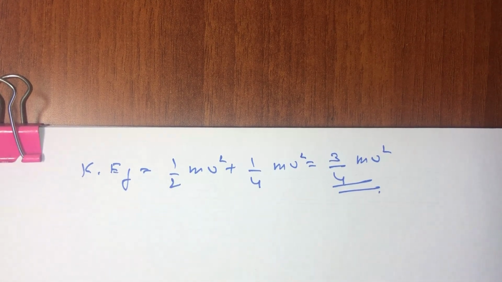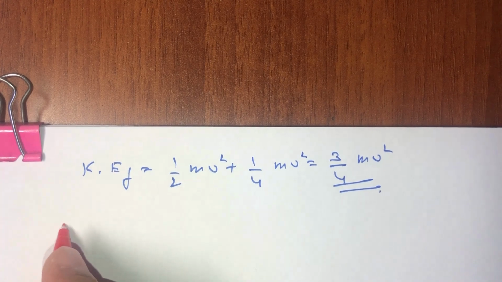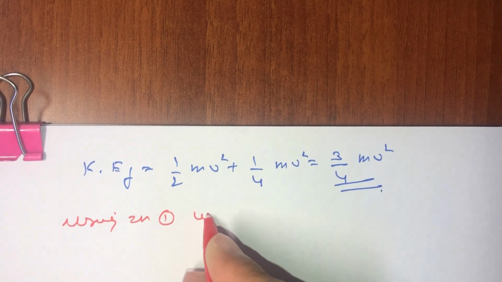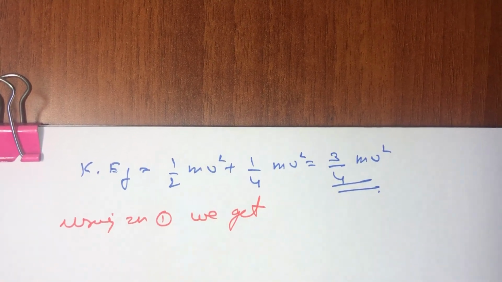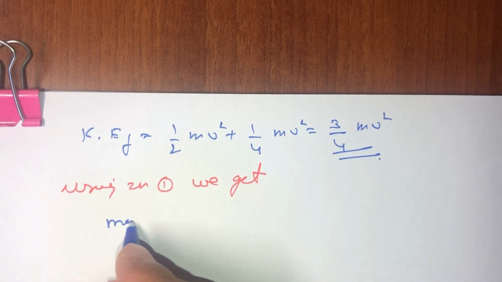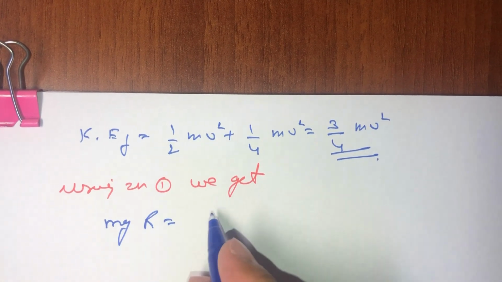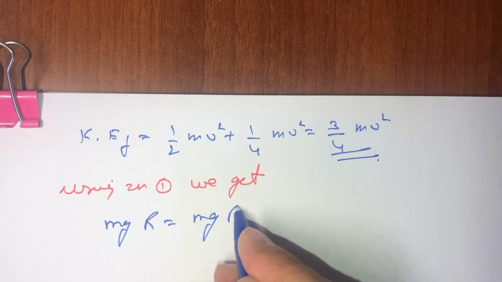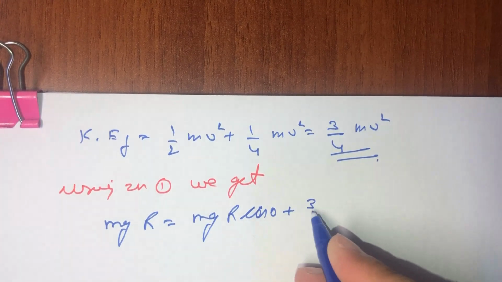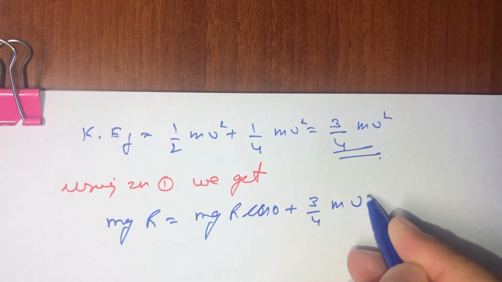So using equation 1, we get mgR is equal to mgR cos theta plus 3 by 4 m v square.